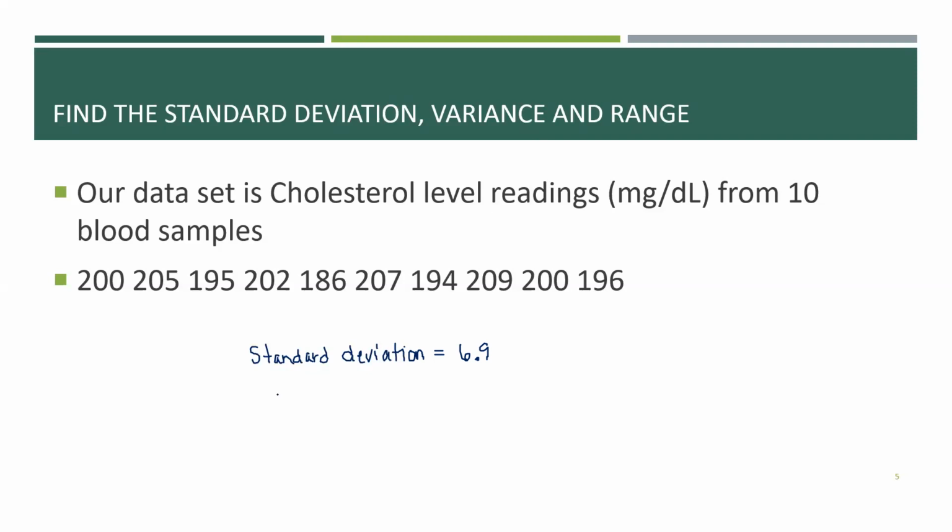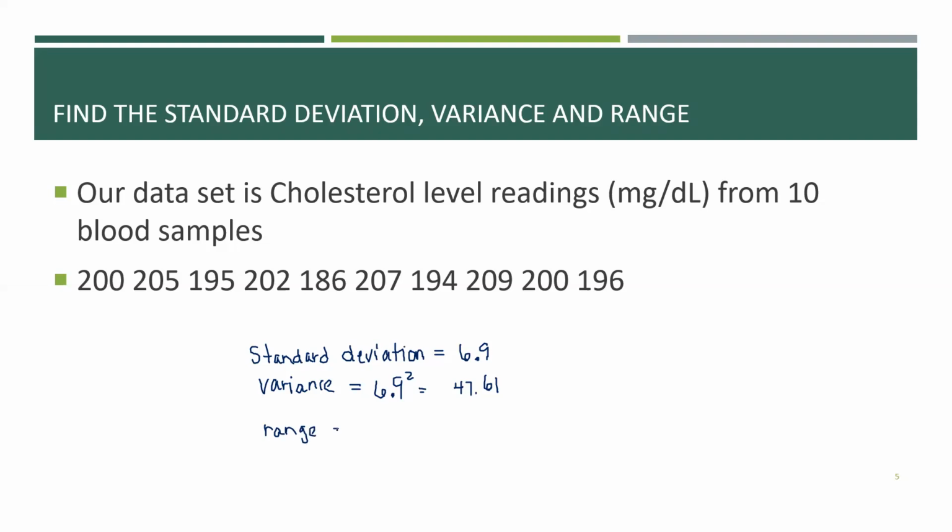Next, they ask us for variance. So we know that that is the 6.9 squared. And so we do that on my calculator, and I get 47.61.